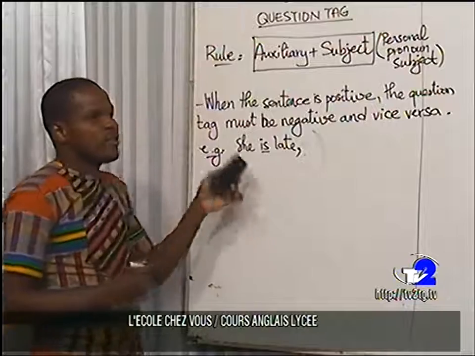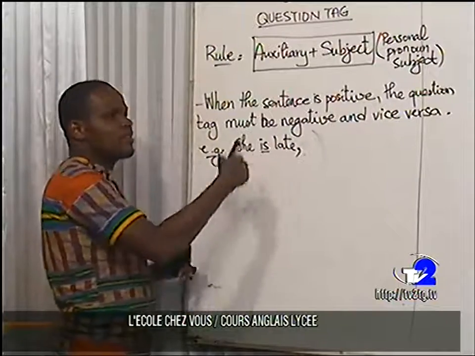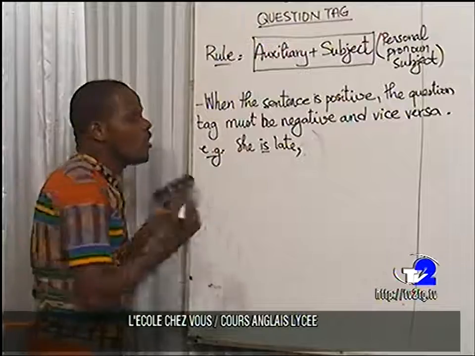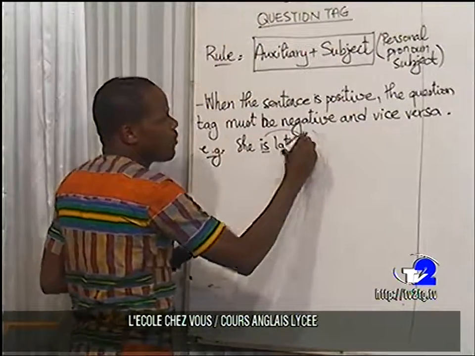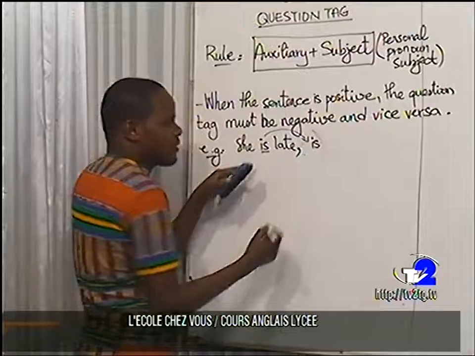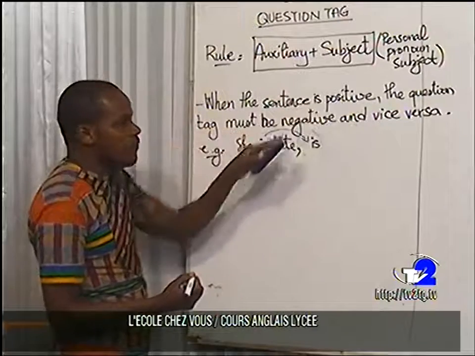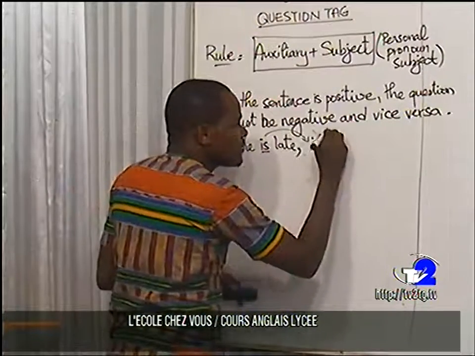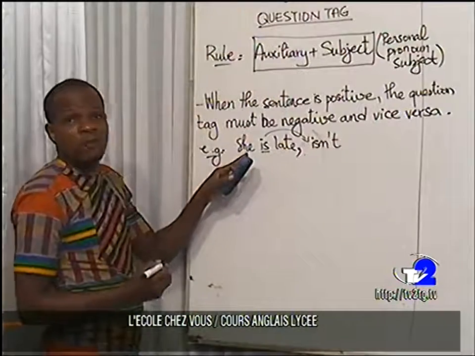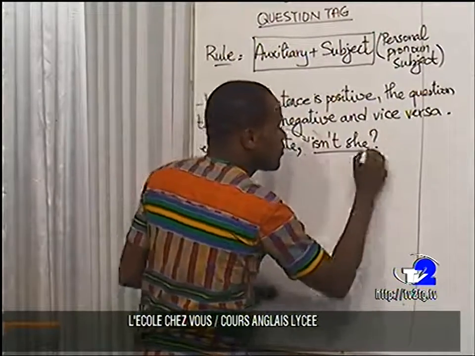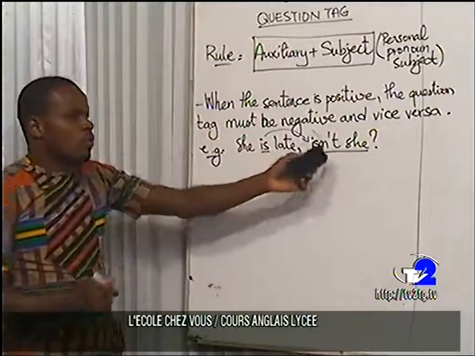The verb is "is." It is an auxiliary verb. So we must repeat our auxiliary here. Now we have to say "is," but the sentence is positive, so the question tag should be negative. So "isn't," and we have to add the subject, which is "she." So this is what we call the question tag.